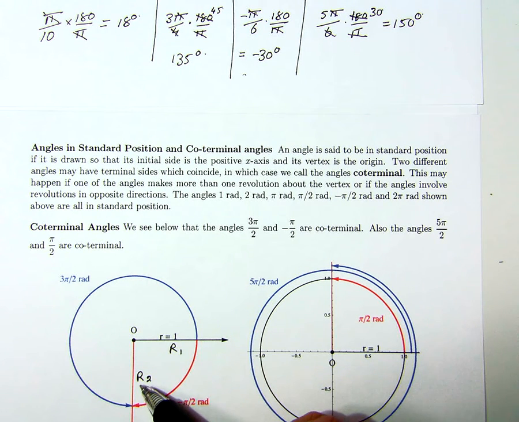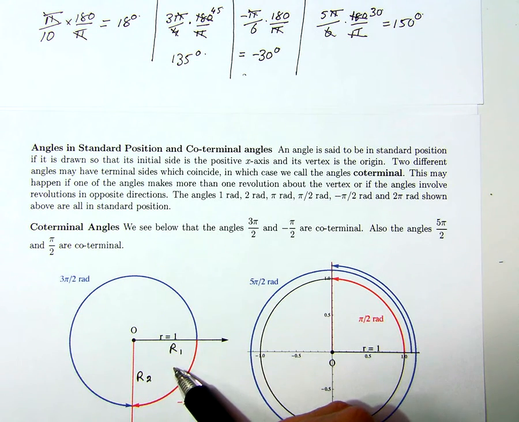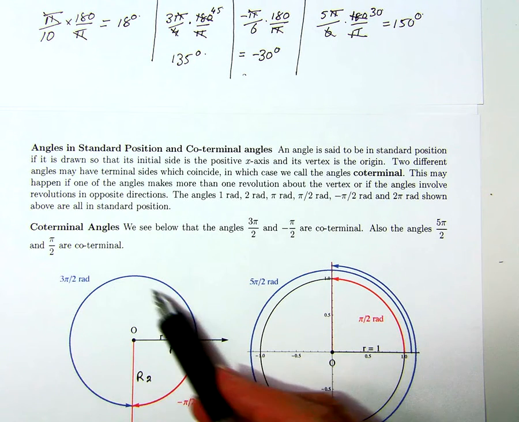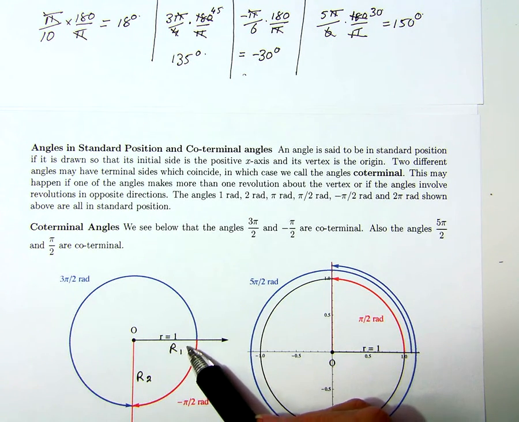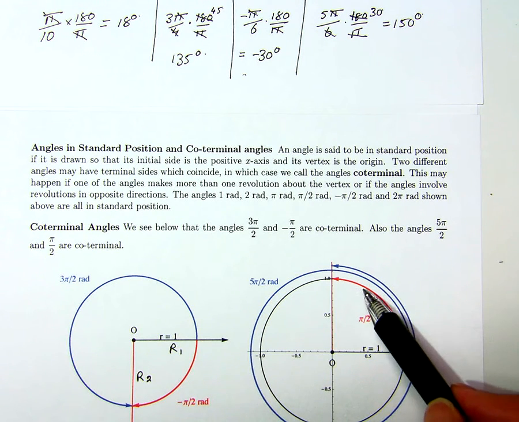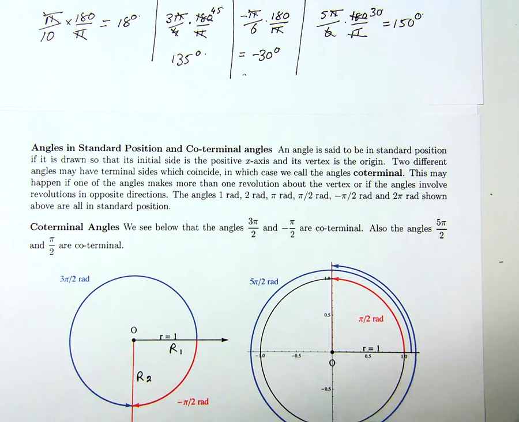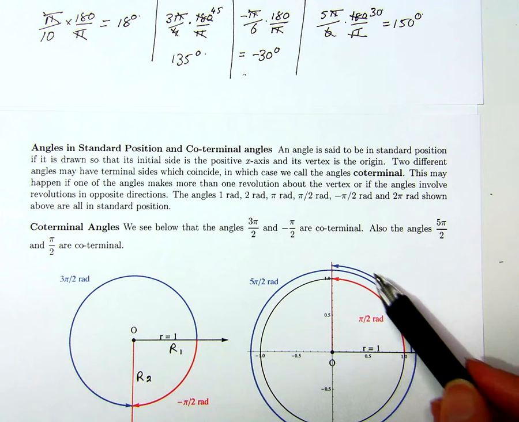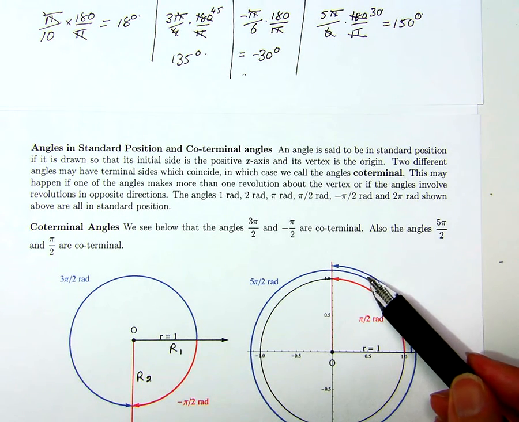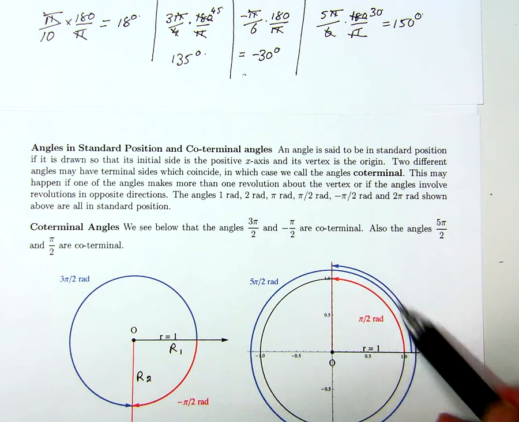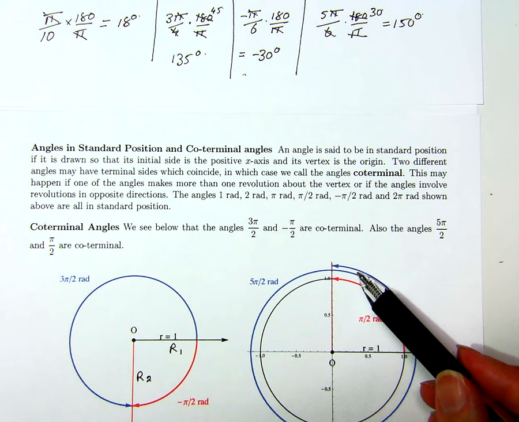And this can happen in two ways. Either one angle is moving counterclockwise and the other is moving clockwise, or else you might have an angle which covers more than one revolution, and this would end up having the same terminal side as an angle with less than one revolution.